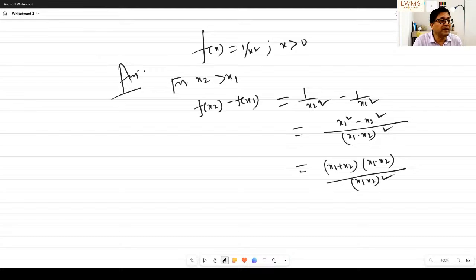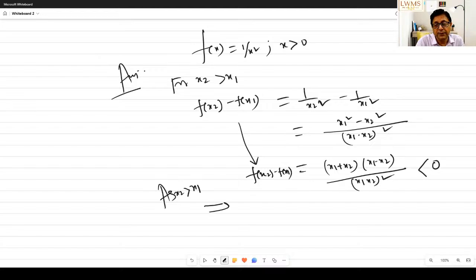This you all know. For x2 greater than x1, x1 plus x2 is positive, x1 minus x2 is negative, the denominator positive, so this has to be less than 0. As x2 is greater than x1, this implies f(x2) less than f(x1).